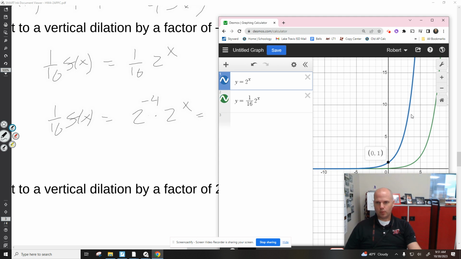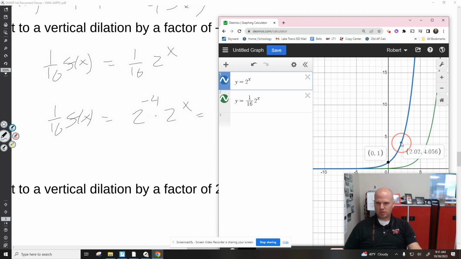Boom. I could look at the point 3, 8. You get my drift. There's 3, 8. Times 1/16 becomes 3/128. Boom. But look, you could also shift over 1, 2, 3, 4 to get this point.